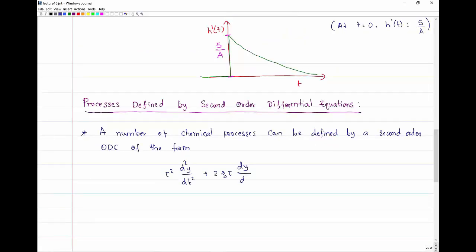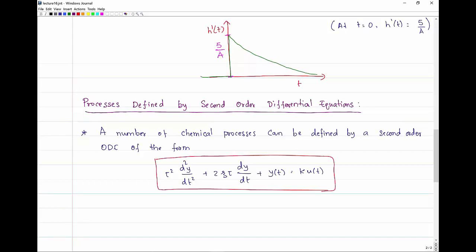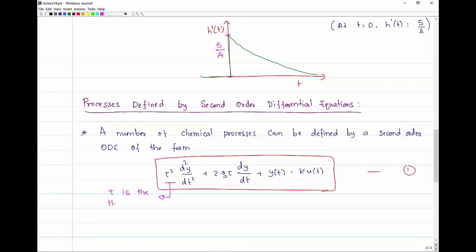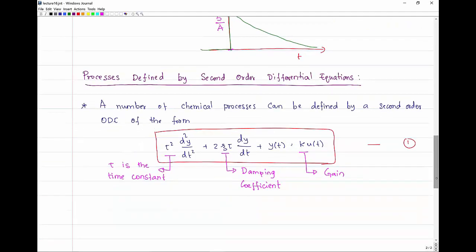Tau square d square y over dt square plus 2 zeta tau times dy over dt plus y equal to K times u(t), where tau is the time constant and it serves the same purpose as the tau in the first order transfer functions. It determines how fast a second order system responds to inputs. Zeta is a new constant that appears only in second order systems, and it is what is called a damping coefficient.